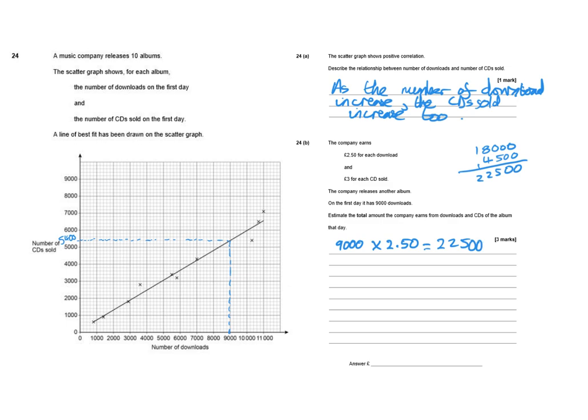And then I want the amount for the CDs, so 5,400 times 3.